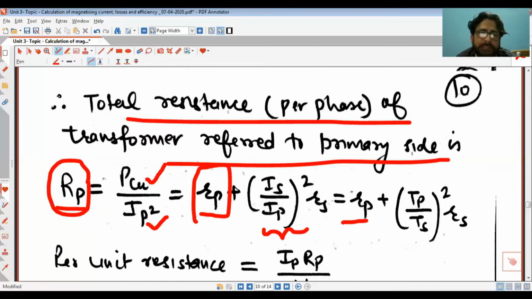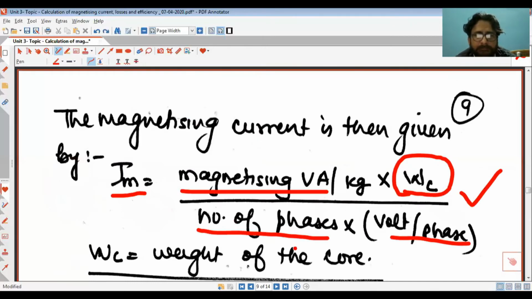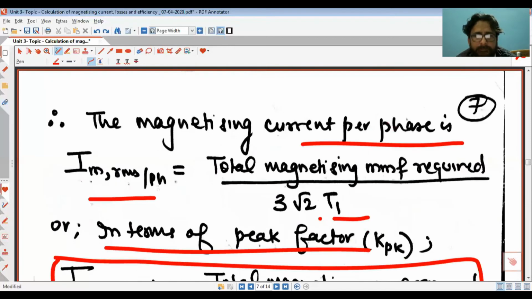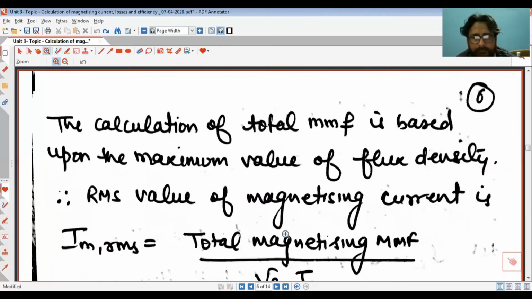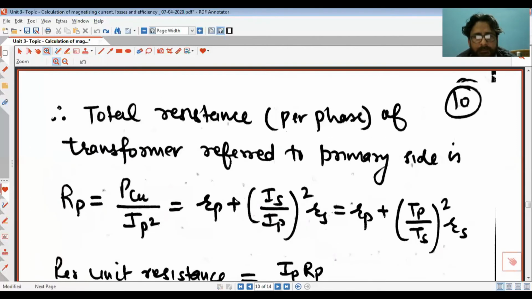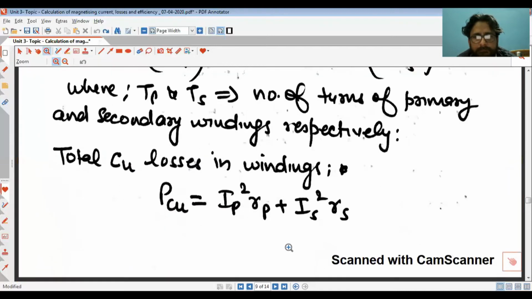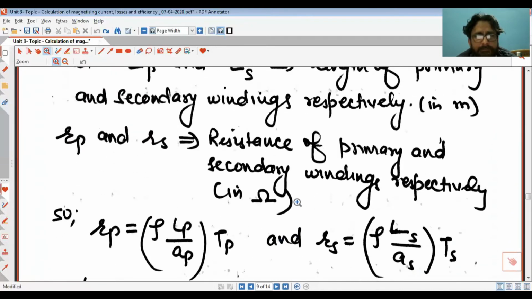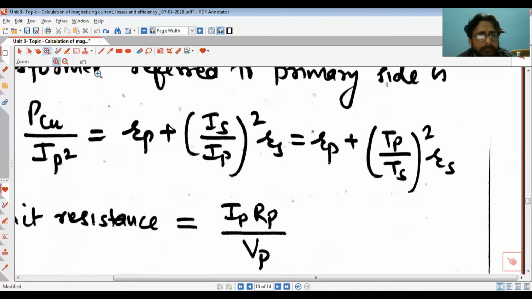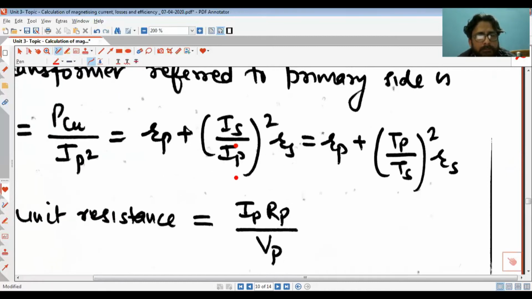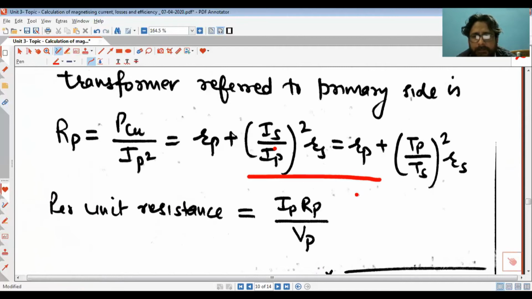Similarly, since we are saying that ampere turns of primary are equal to ampere turns of secondary, if you see this equation, so we have Is Ts is equal to Ip Tp, right?